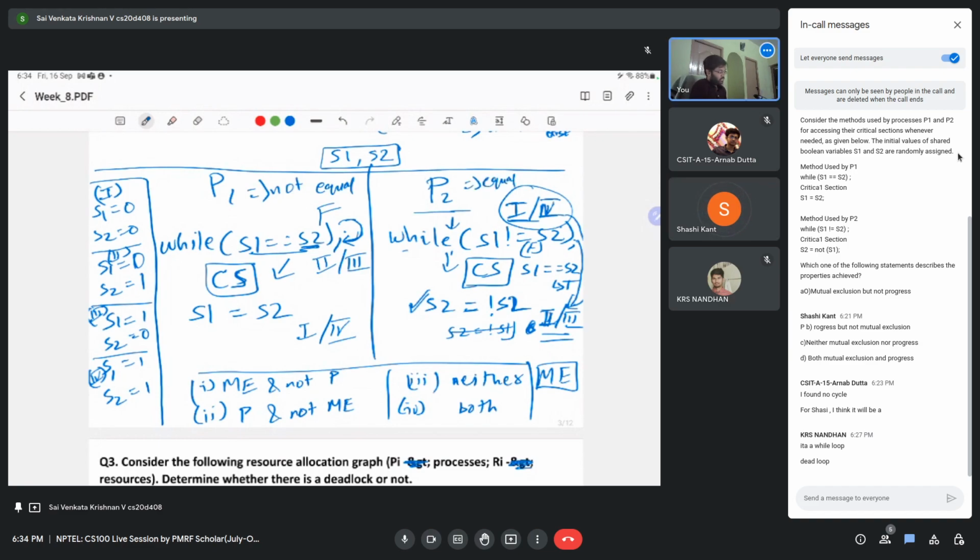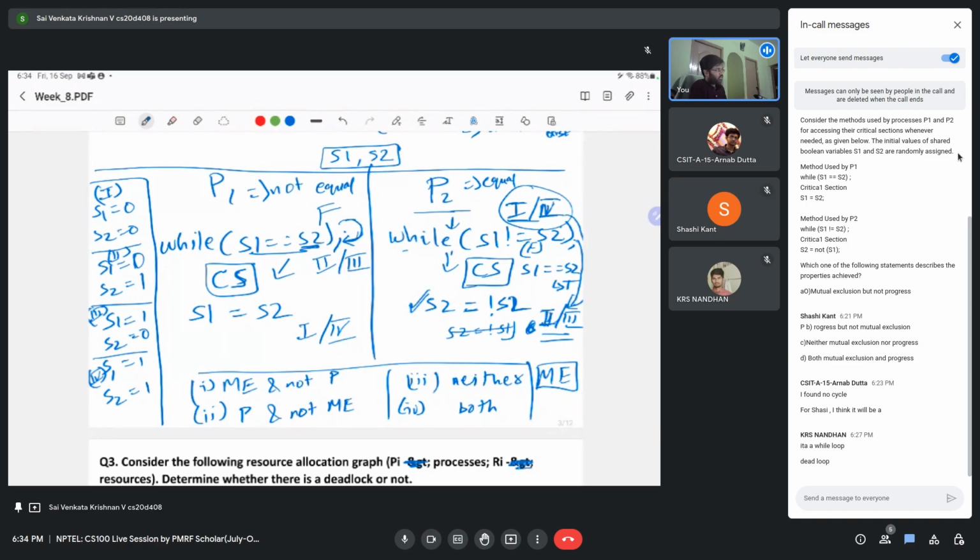The thing is, initially S1 and S2 would be randomly assigned. But suppose P2 doesn't want to enter the critical section, and they are equal, how can P1 enter in that case? When P2 doesn't want to enter, how will P1 know?